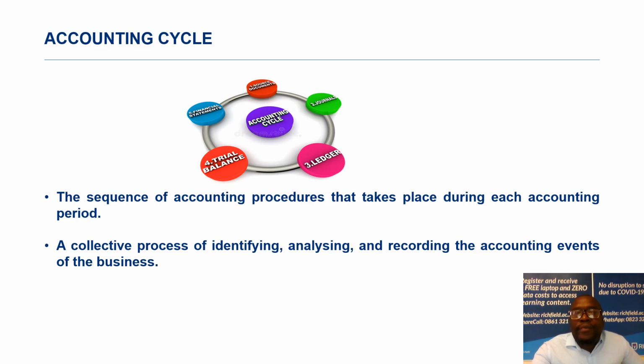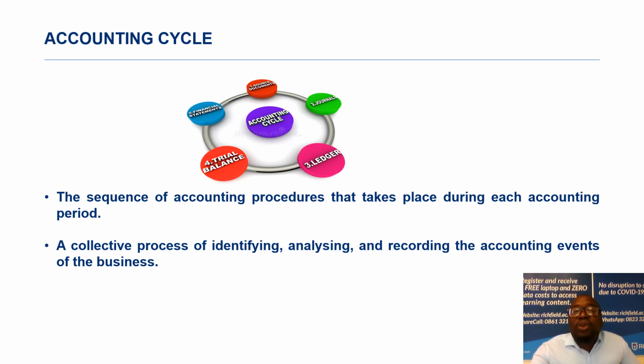Let us look at the definition of the accounting cycle. This is the sequence of the accounting procedures and accounting principles that must be followed when recording the transaction during the year. What will happen is you will get a transaction. You should be able to identify, analyze, summarize and classify the transaction where it belongs.